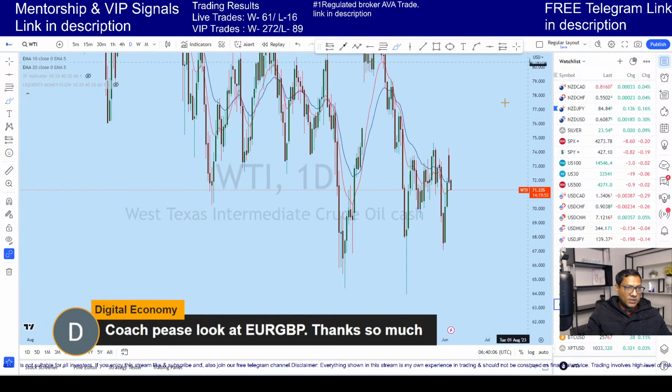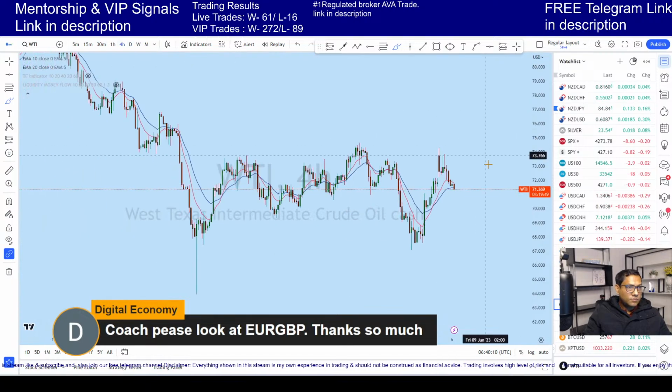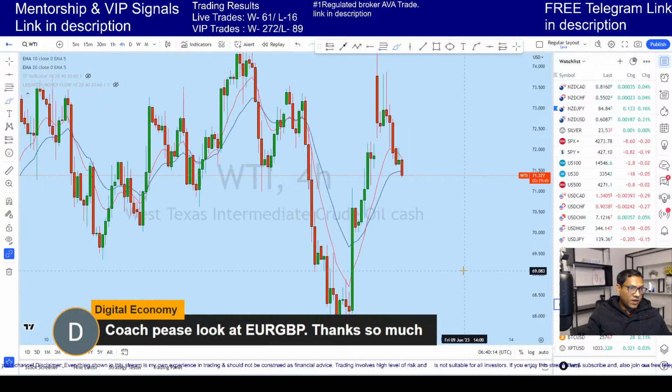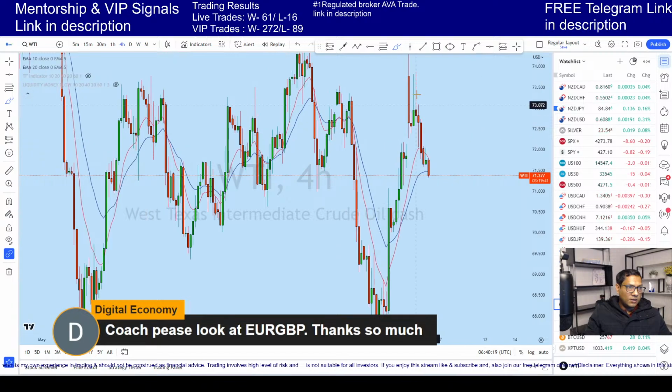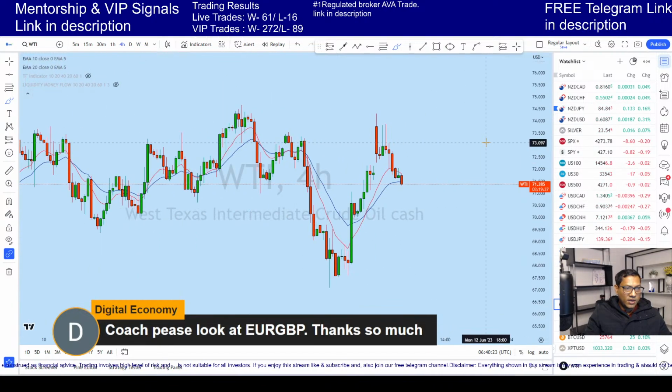The way I see it, there is a gap opening and a red candle. Yes, we could see further downside on US oil. Probably it will come to this support, and then a bit more. This one has a more complicated price action at the moment. You can see it's sideways, so we'll keep watching.